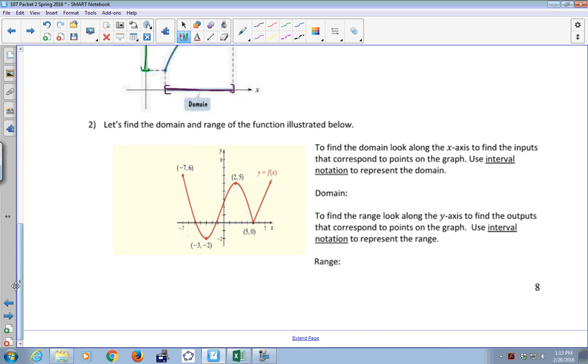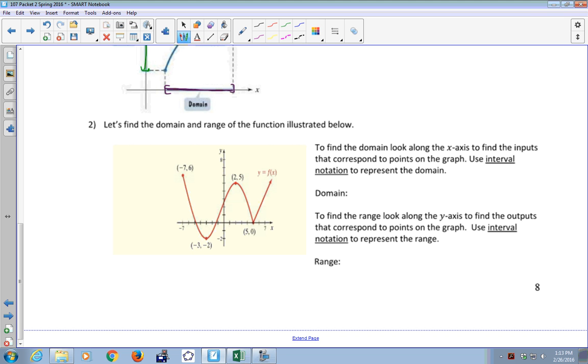So let's do an example where we find domain and range. Okay. So to find domain, you look along the x-axis to find inputs that correspond to points on the graph. I'm going to use interval notation here. I'm only looking along the x-axis, and I would say, okay, what's the smallest x coordinate that lives on this graph? -7.